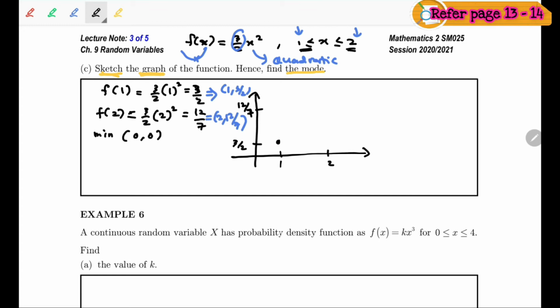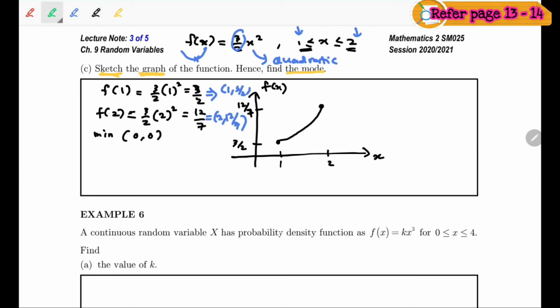Since the minimum point is located outside the non-zero function, it is just a guideline for how to sketch the graph. So I'm going to sketch the other endpoint, and we just sketch the curve. Then we have settled the graph, and make sure you label all the axes, x and f(x).